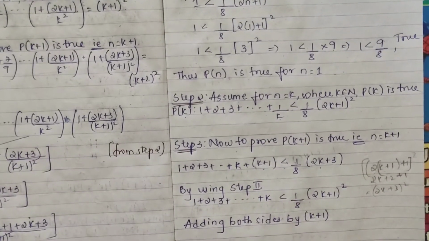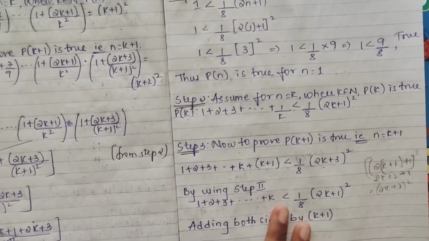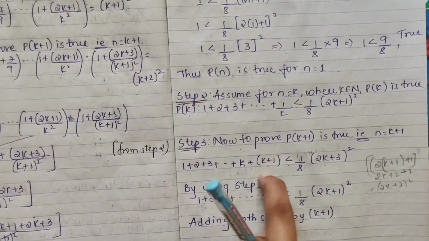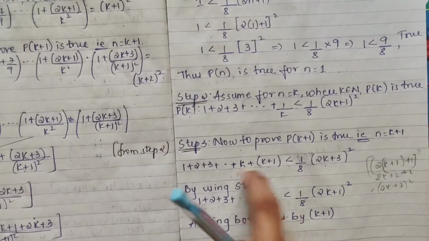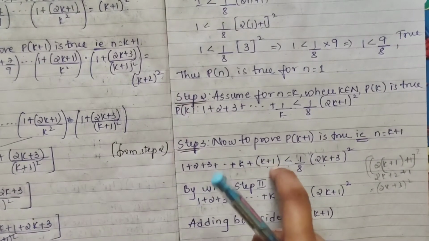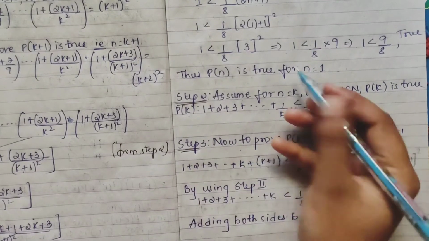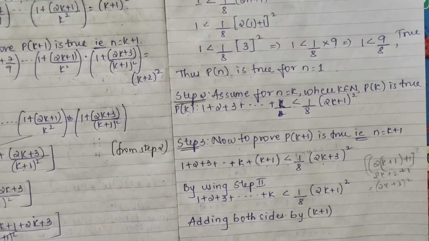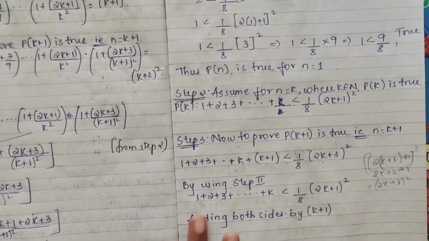So directly I have written 2k plus 3 the whole square. So for k plus 1, in place of n you have to put k plus 1, but before that one term will be there, right? Before that term, k plus 1 minus 1 means we get k only, which is this part only. See, here I have written wrong. Whatever the k part is, that will be the previous term of that.